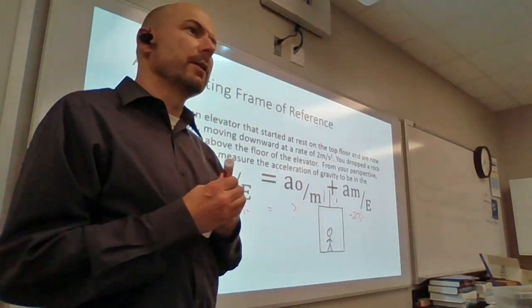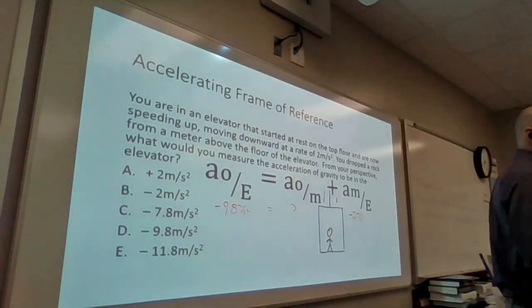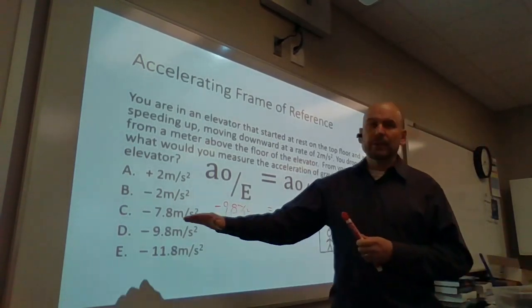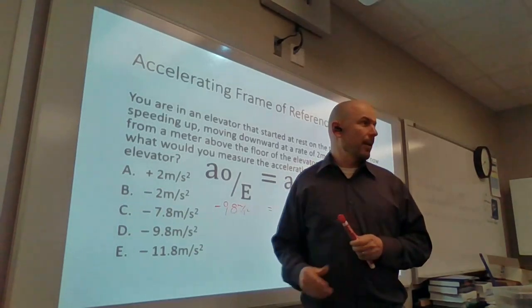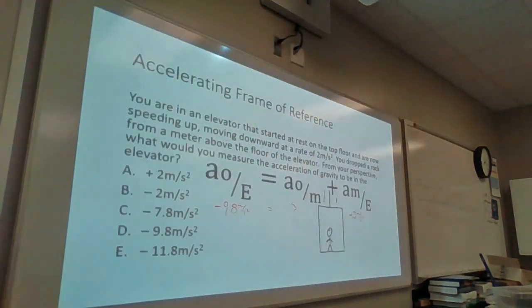Okay, conceptually, if you were to drop a rock, would it take a longer amount of time, shorter amount of time, or equal amount of time than if it was moving at a constant velocity? Does everybody go longer? Does that make sense? It's speeding up away from it. So that would look like you have an acceleration that's less than 9.8. Okay.